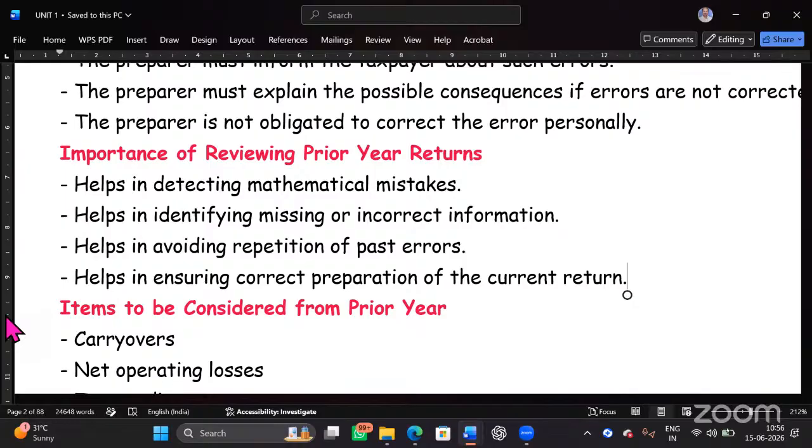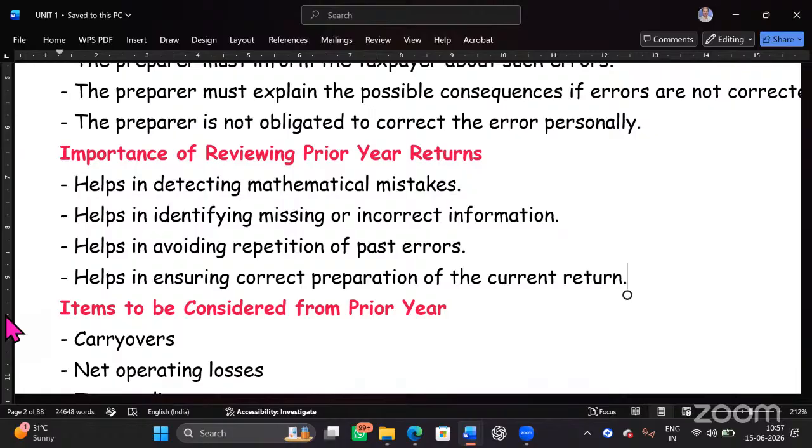Because the preparer verifies the last year return, the preparer asks the taxpayer: last year you included interest income along with salary income, but in the current year you are including only salary income. Why are you not including the interest income in the current year? In this way, the preparer inquires of the taxpayer.